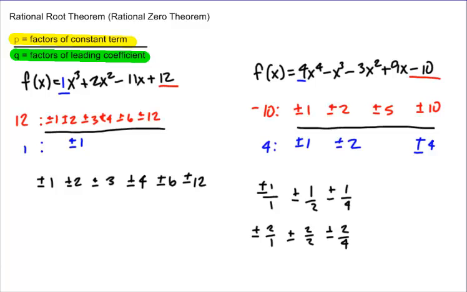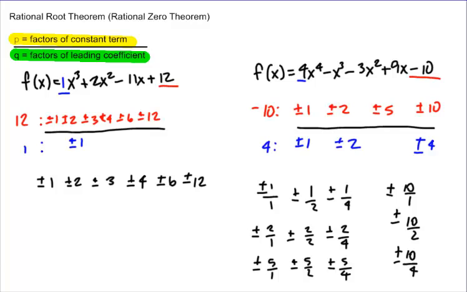And then we're going to have plus or minus 5 over 1, plus or minus 5 over 2, and plus or minus 5 over 4. And then lastly, we're going to have plus or minus 10 over 1, plus or minus 10 over 2, and plus or minus 10 over 4.